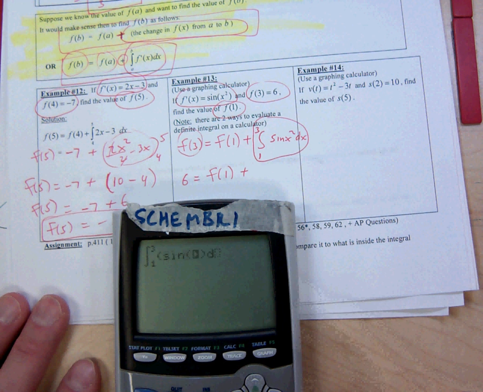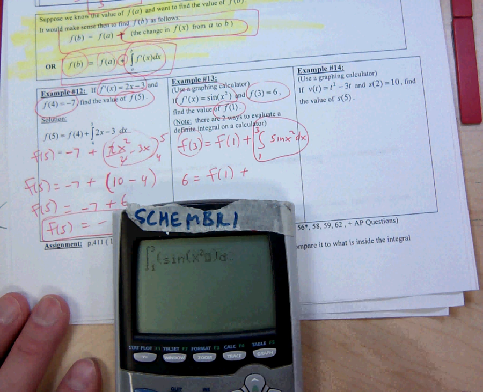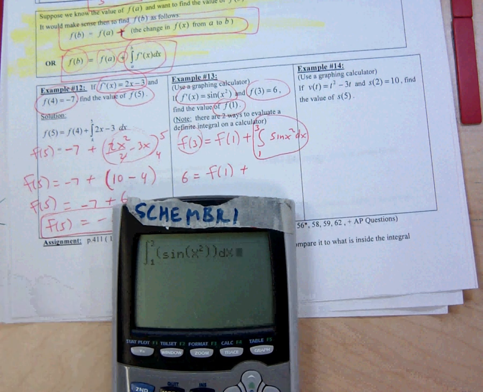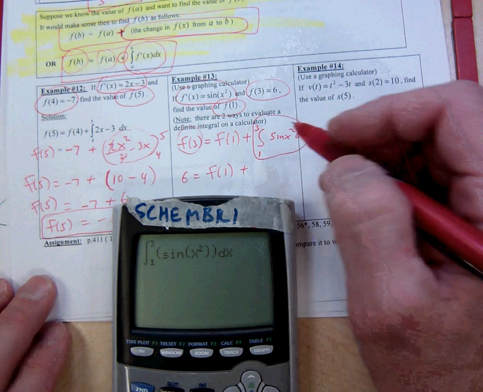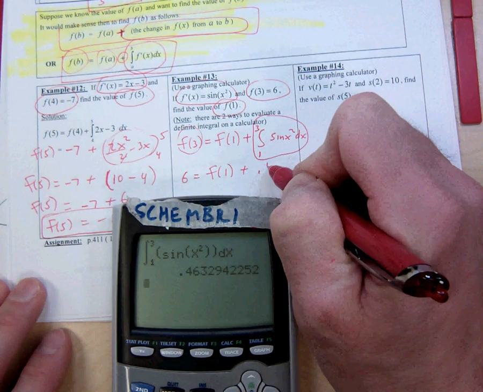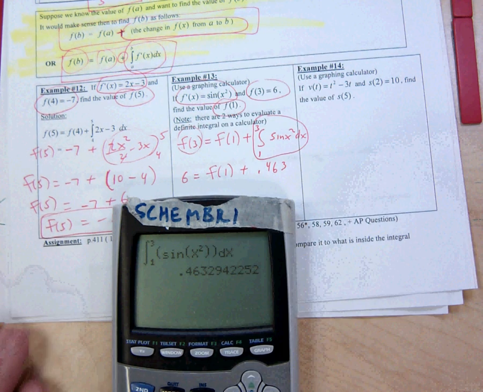Sine of x squared. Be careful. You need a parenthesis there. Make sure you add that parenthesis, okay? And so what do you get? 0.463. Okay, so any questions on that?